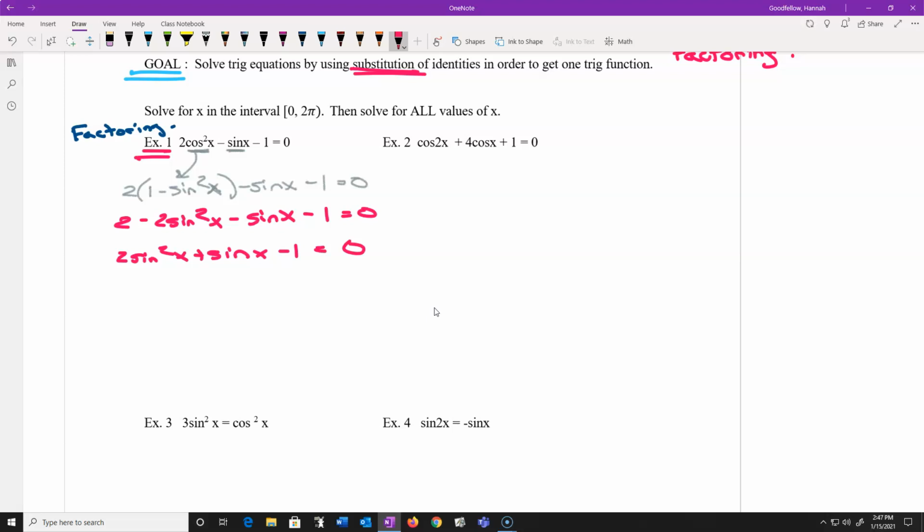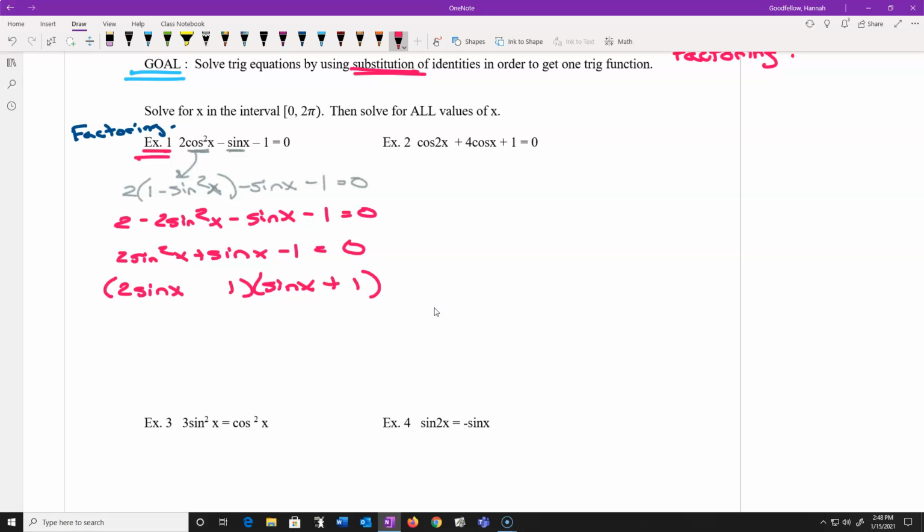Now, this particular question is factorable. And I'm going to go straight to some factoring techniques here. So 2 sine x in one and sine x in the other. I'm going to use that technique of guess and check again. I need to find a positive 1 in here and a negative, so one of these is positive, one of them is negative.